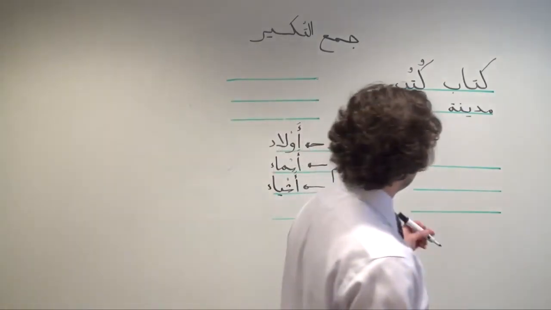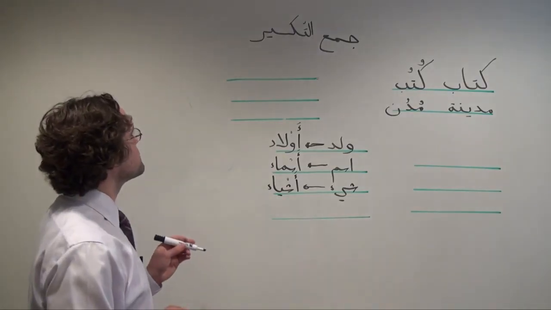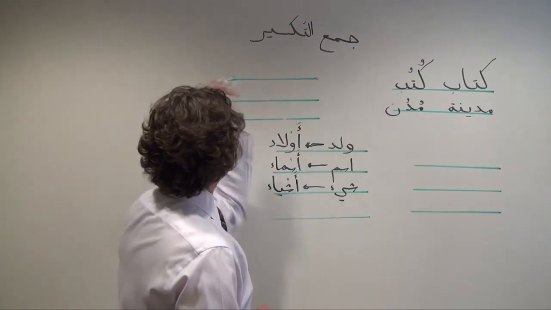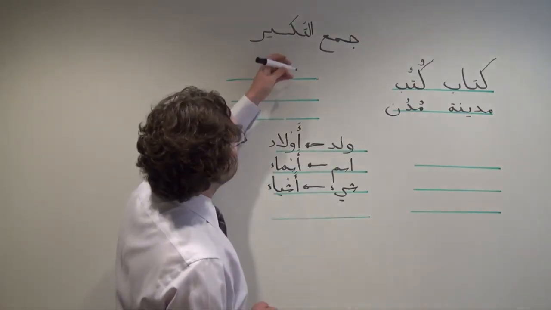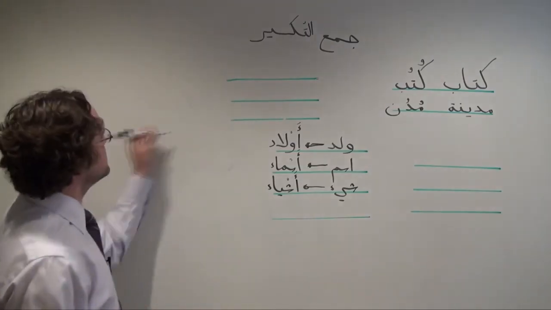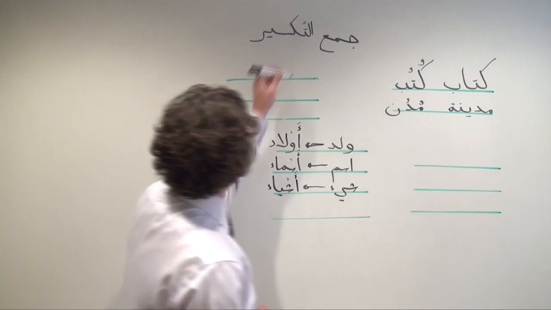Some other examples. Speaking of ta marbuta, again we have to be careful because we could be thinking, oh, I see a ta marbuta, I'll just add the alif ta, that sound feminine plural pattern, but not always.